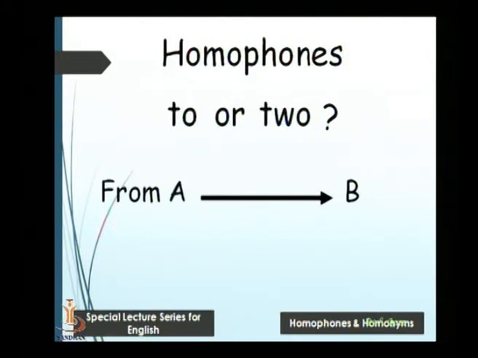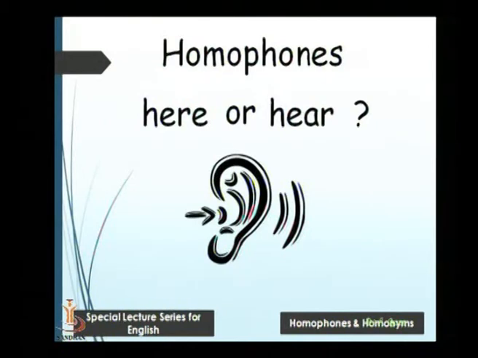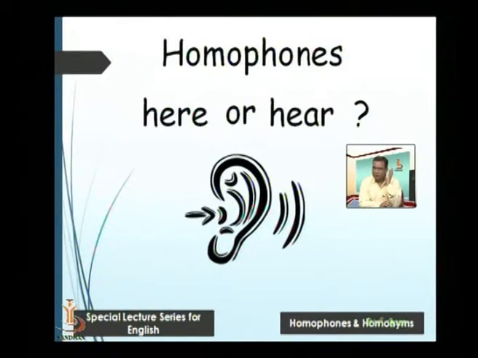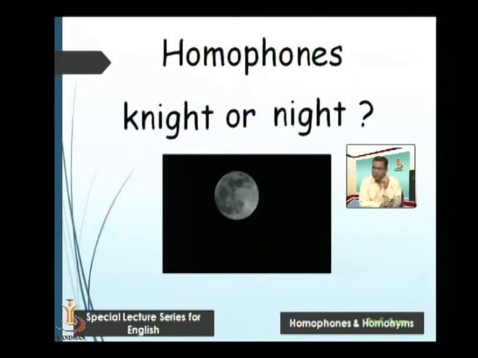Then to, T-O, or two, from A to B. Which word will you use? Is it T-O or T-W-O? So from A to B. Then here or hear. An ear is given. Are you hearing or are you referring to here?